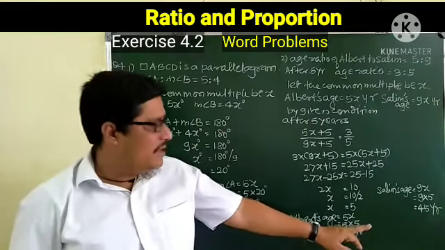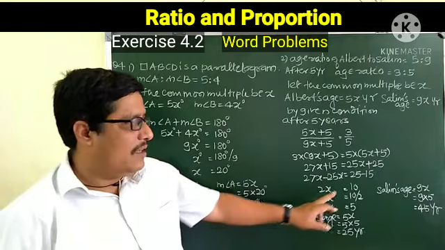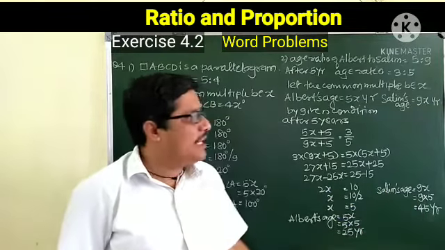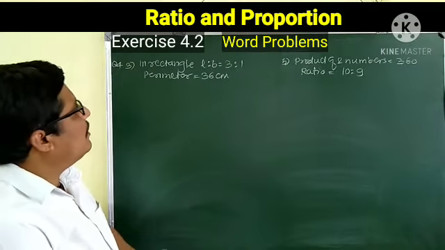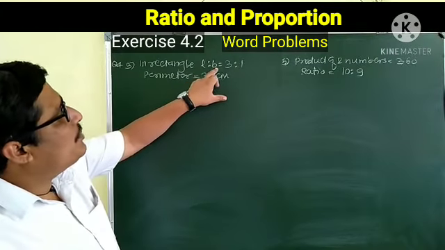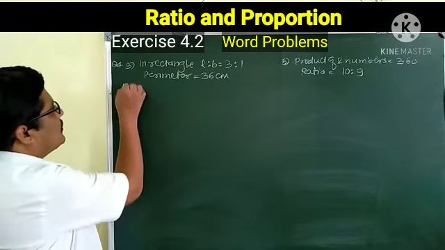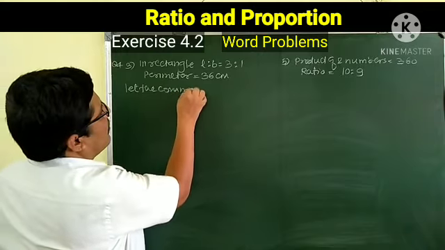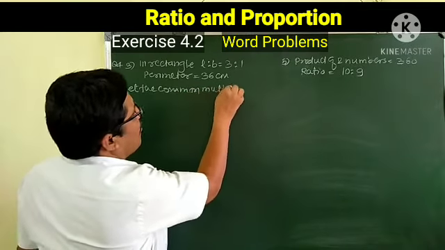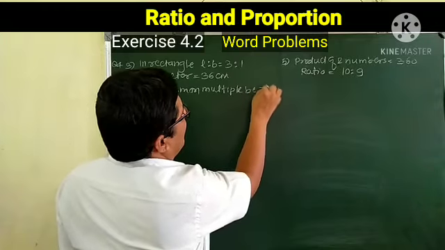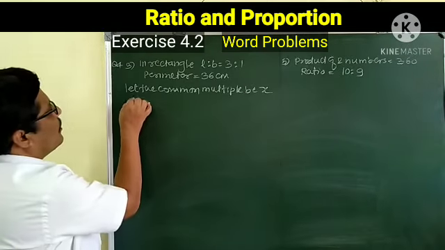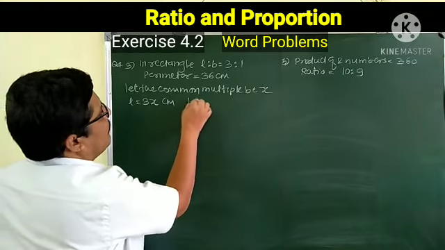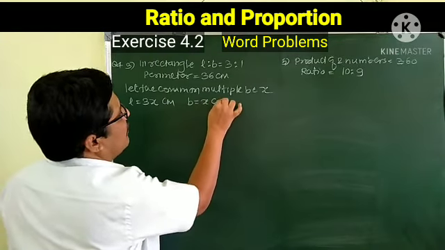Lastly, we can write in a sentence: Albert's and Salim's ages are 25 and 45 respectively. Now this is the third example. In this the ratio of length to breadth is 3:1. So first sentence will be: let the common multiple be x. So L will be equal to 3x centimeter and B will be equal to x centimeter.